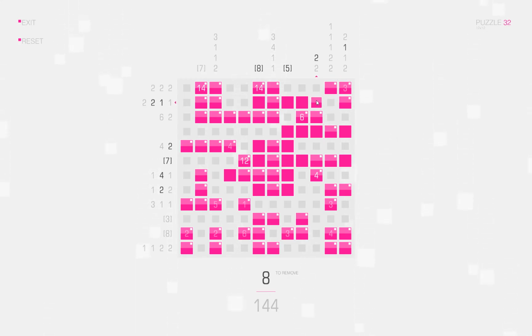But what if we, instead of this one, took this one? Then we have a 1 here, and it's also part of the 2 group, so we cannot go down here and here. So this is disconnected, and this is disconnected. So we have 1, 2, 3, 4, 5. 1, 2, 3, 4, 5. We cannot go there, we cannot go there. So by placing it here, we get a wrong situation.